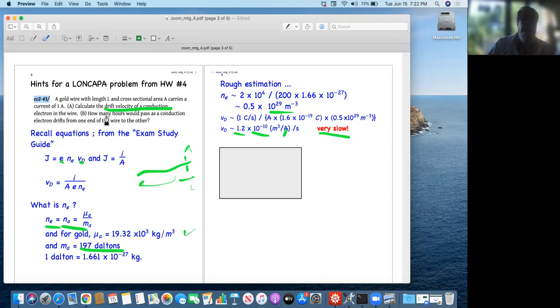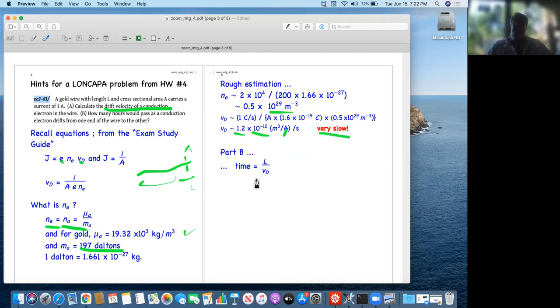Part B of the problem is to calculate how many hours it would take for a conduction electron to drift from one end of the wire to the other. But once you know the velocity, it's very easy. The time will be the distance over the velocity. The distance is given in the problem. This will turn out to be some number of hours.